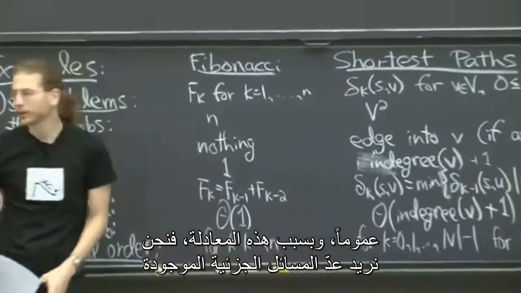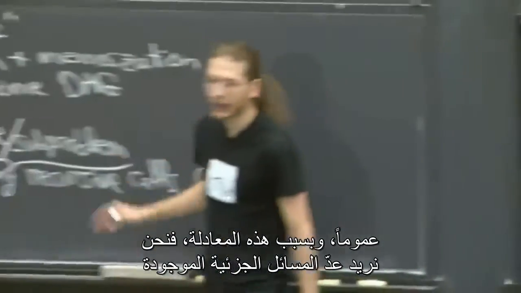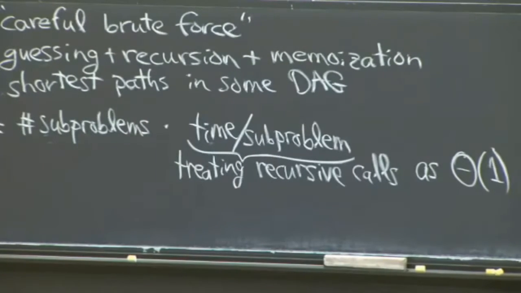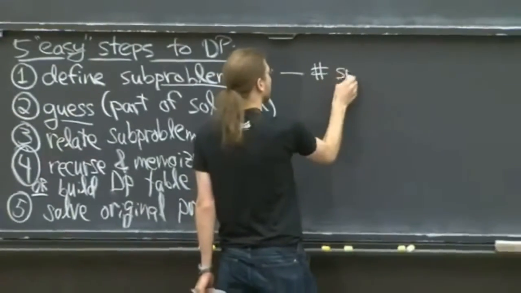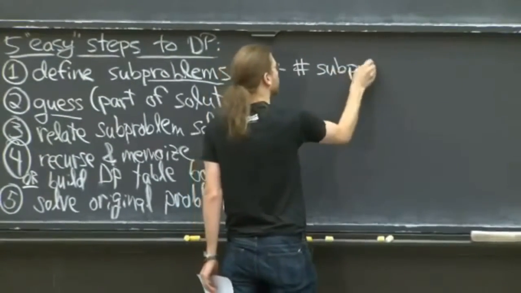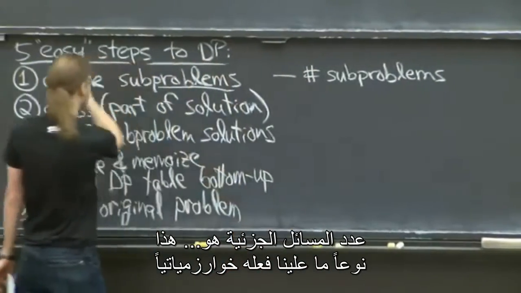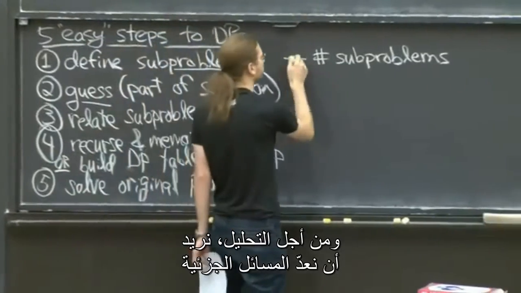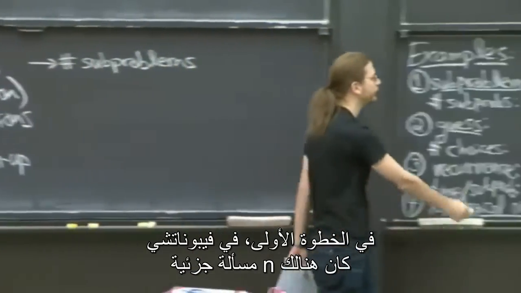And in general, because of this formula, we want to count how many subproblems there are. The number of subproblems is what we need to do algorithmically, and for analysis, we want to count the number of subproblems for step 1. And so for Fibonacci, there were n of them.